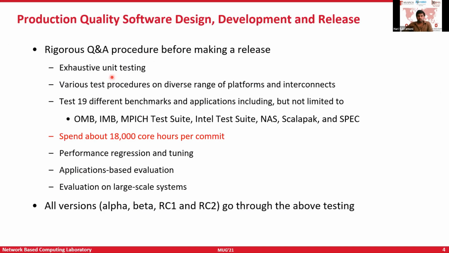We are primarily a research group. This is probably one fundamental thing that differentiates us from every single MPI library out there. Our primary goal is research. But even though our primary goal is research, we don't skimp on quality. We have a very rigorous QA procedure before making a release, and each commit is taken through about 18,000 to 21,000 core hours of testing on our very large internal testing system.